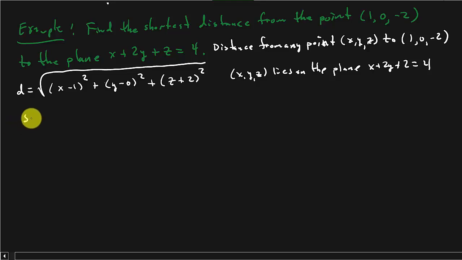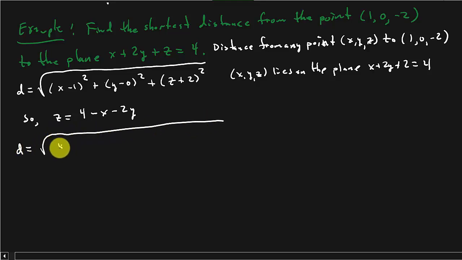All right, so we have z is equal to what? 4 minus x minus 2y, right? If we solve this for z. So that's going to give us d is equal to the square root of (x minus 1) squared plus y squared plus, and then I'm going to take this and plug it in for z.